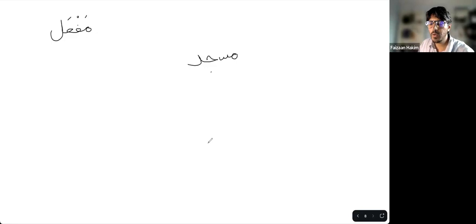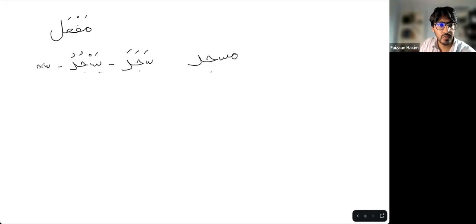Why is masjid called masjid? What is a masjid in its real, true meaning? It comes from the verb sajada. Sajada, yasjudu, sujud. This means to bow down, right?